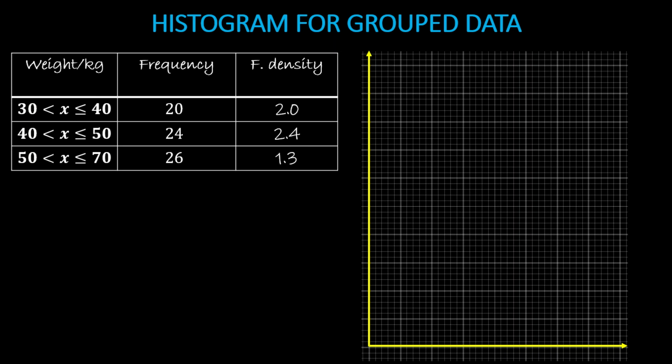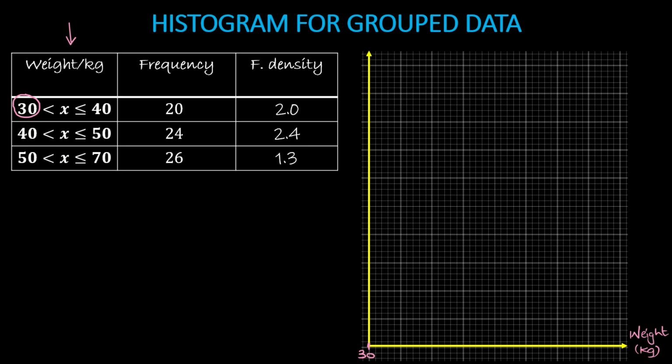We have the weight. The weight has to be on the horizontal axis. So I include the weight in kilograms, starting from the least value, which is 30. So on my horizontal axis, I will start with 30.